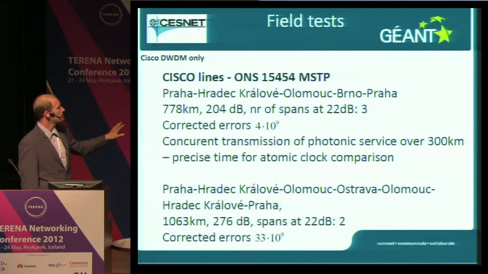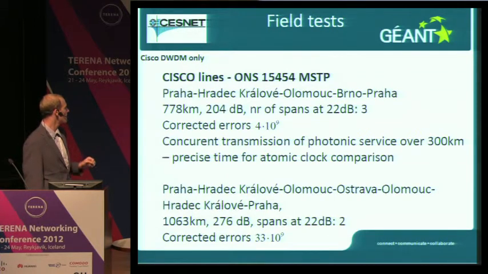In the next test, we prolonged the length to 1,000 kilometers, and we received another number of corrected errors, but the system was working all the time, and we didn't see any impact on that photonic service, which is quite precise. It's an atomic clock comparison service, which is, let's say, non-standard in data transfer.